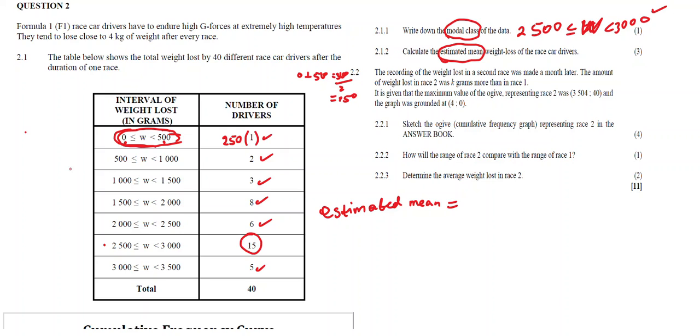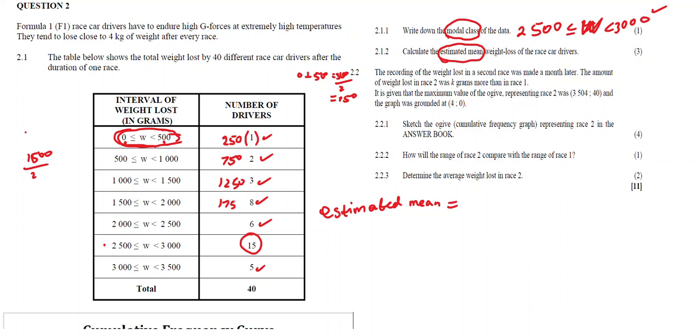Next, 500 plus 1000 is 1500, divided by 2 is 750. I can see that I'm adding 500 each time. So you have 250 plus 500 gives you 750, then 750 plus 500 gives you the next midpoint, and you keep on adding 500.